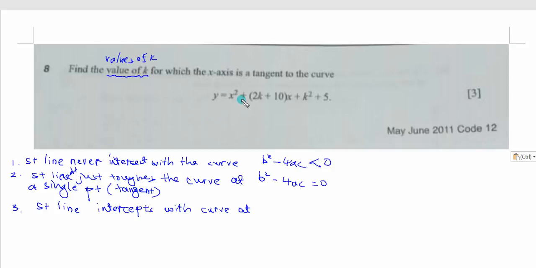So this case here, the x-axis is a tangent, so you belong to this case. Okay, now then you have intersect at 2 points, 2 or more points.